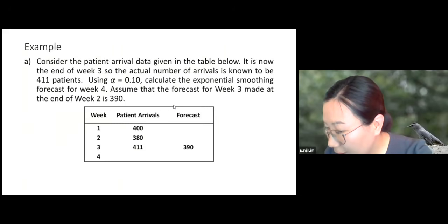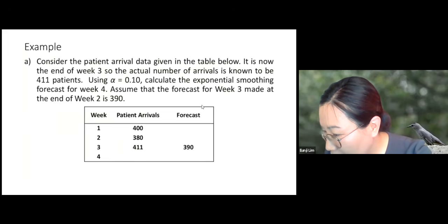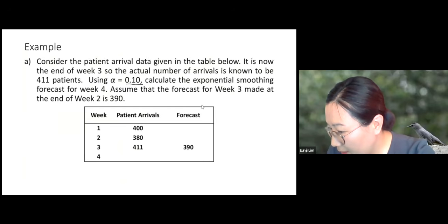So let's take an example. Consider the patient arrival data given in the table below. It's now the end of week 3, so the actual number of arrivals is shown to be 411. Using alpha equal to 0.1, calculate the exponential smoothing forecast for week 4. Assume that the forecast for week 3 made at the end of week 2 was 309.